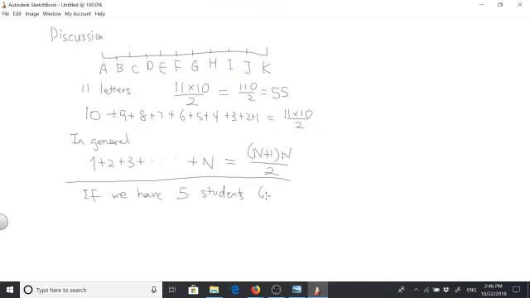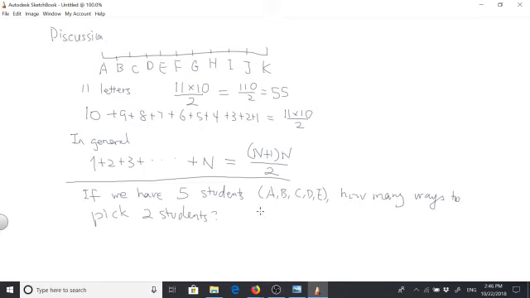You can think of them as A, B, C, D, E. And ask you how many ways to pick 2 students. And think about this problem, how many ways to do that? And this is exactly the same question we did before. It's counting how many pairs are there out of these 5.